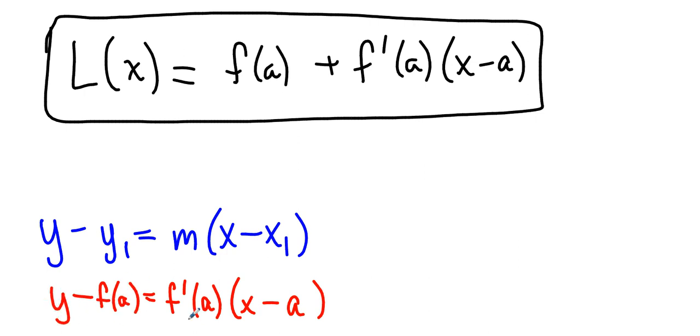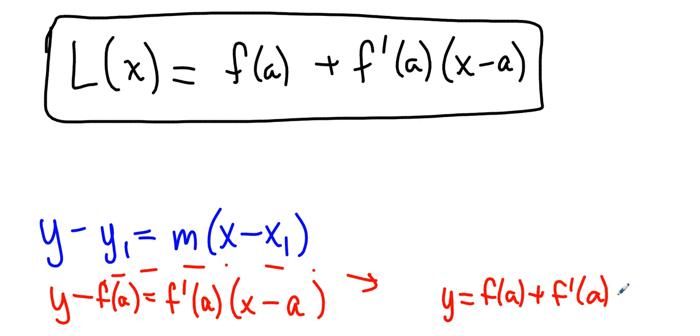And so if we solve this thing for y, kick that to the other side, y is f of a plus f prime of a times x minus a, and that's the linearization equation. So if you don't want to memorize a linearization equation, good, just remember that in a small interval, a function is its tangent line.